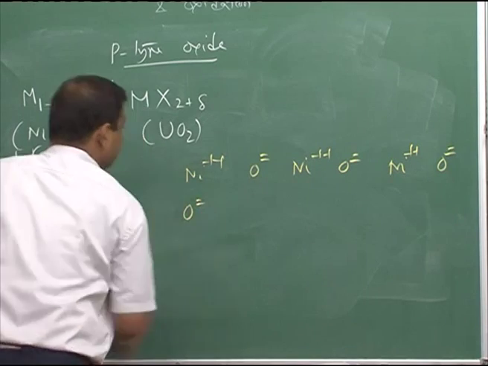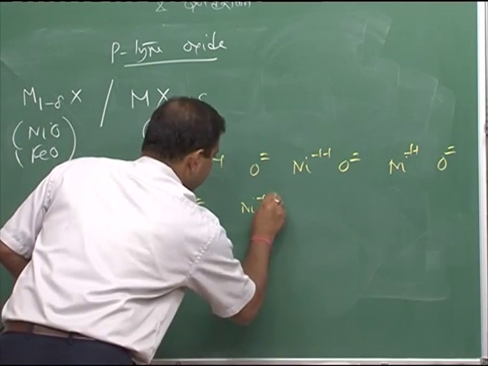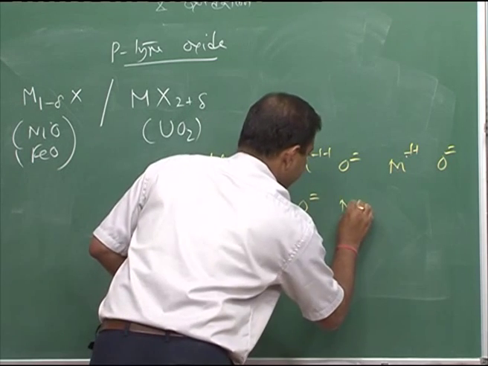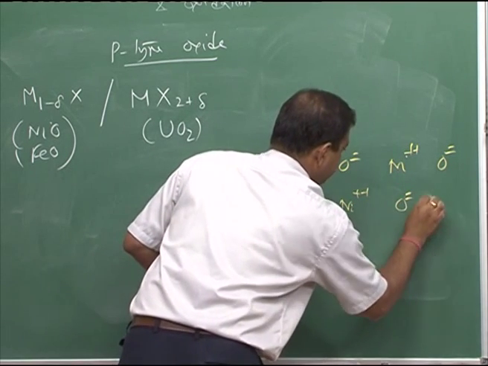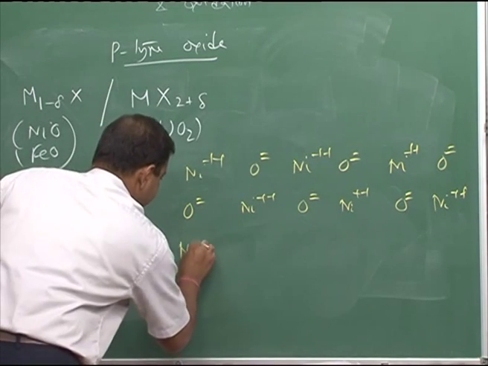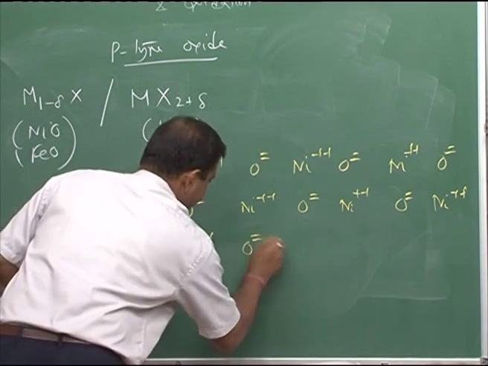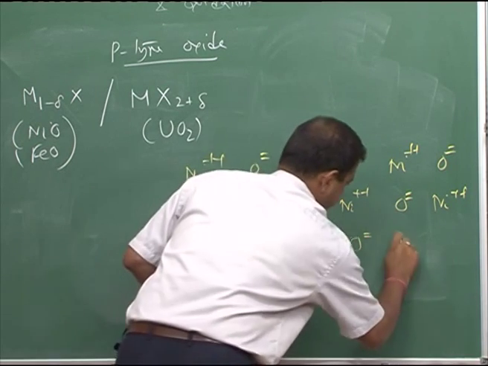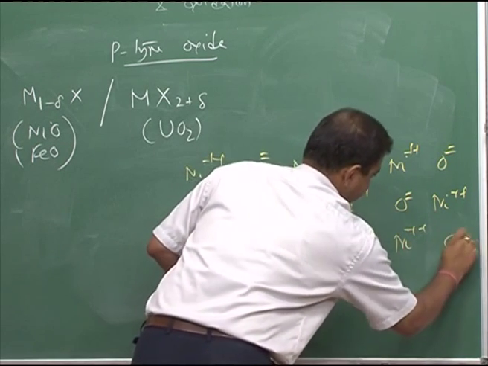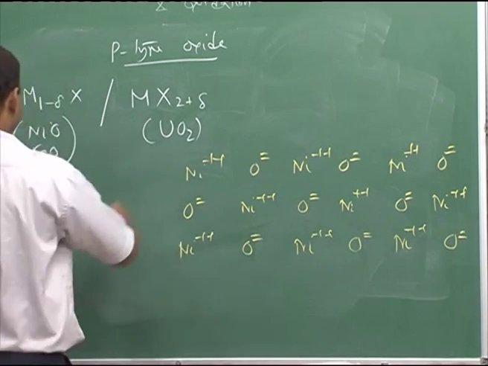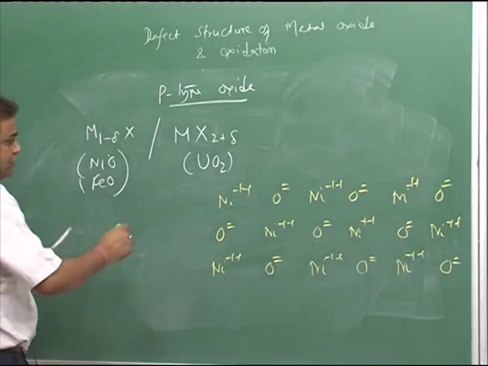So, this is O. This is also a simplistic representation of this oxide in 2 dimension.